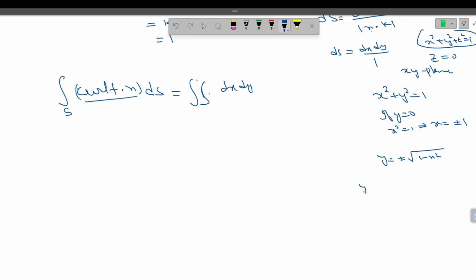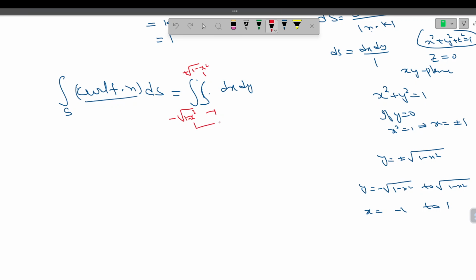So the limit of y ranges from minus root 1 minus x square to plus root 1 minus x square, and x is running from minus 1 to plus 1. So write down the limits of the integration. First x from minus 1 to plus 1, and y from minus root 1 minus x square to plus root 1 minus x square.